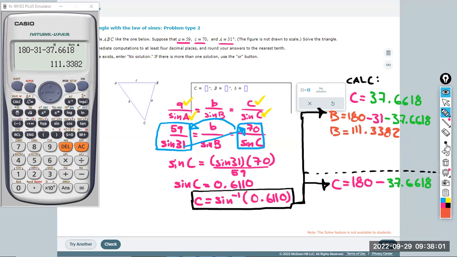Okay, then I have this one, right? That's why I suggested that you write down the formula for the law of sines so you can check what you have. Now I'm going to concentrate on this part to apply another rule of three.